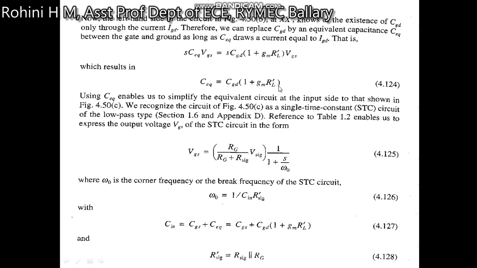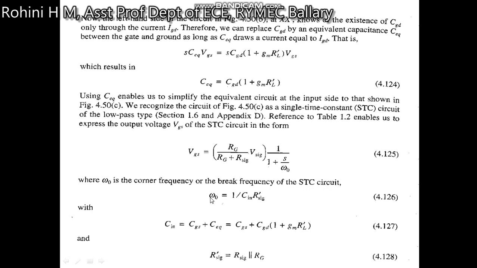Next, from the previous expression, we can write VGS as RG divided by RG plus R signal into V signal. So the frequency response is 1 divided by 1 plus S over omega naught. Here we use the pole component, the single time constant circuit, where omega naught is the corner frequency of the STC circuit.